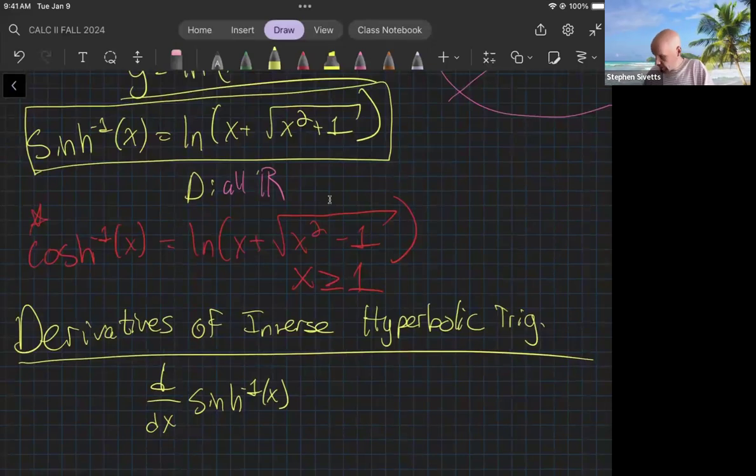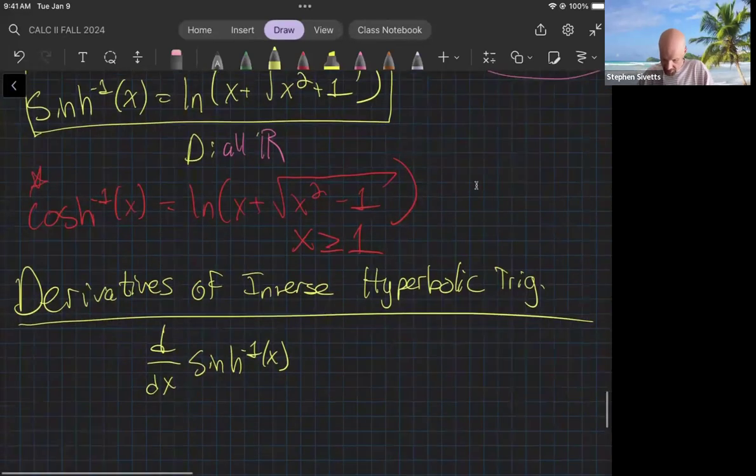One way is just using the chain rule, using the chain rule twice, or 3 times, I should say.